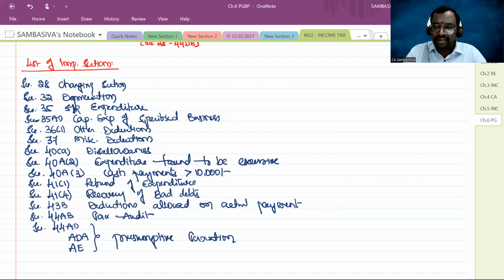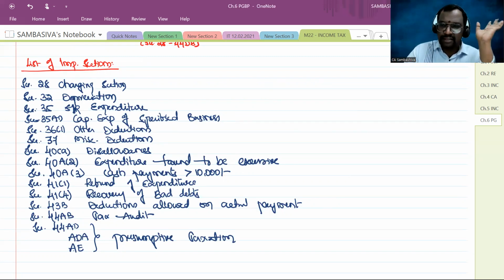Section 35, scientific research expenditure. It is a section 35 series: 35(1), 35(1) clause (ii), 35(2AB). All this we are going to learn in this topic. 35AD, capital expenditure of specified businesses. We have a list of 14 specified businesses, and with respect to these 14 specified businesses, we will learn how the capital expenditure is allowable as deduction.